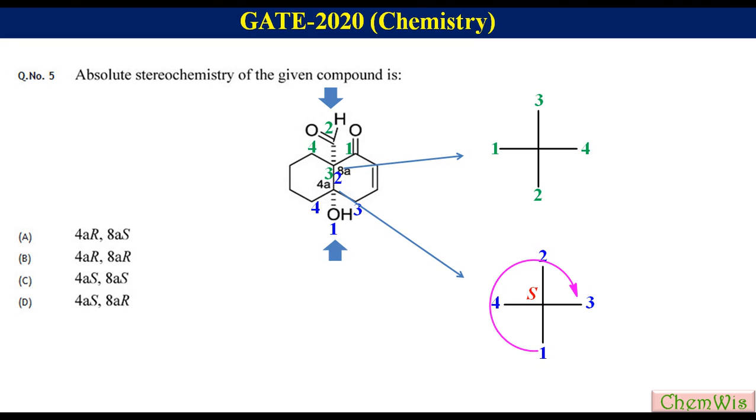Draw an arrow from 1 to 2 to 3. Since 4 is on the horizontal line and the direction of the arrow is anti-clockwise, the absolute configuration will be R. Thus, option D is the right option.